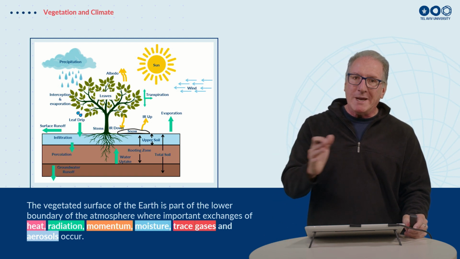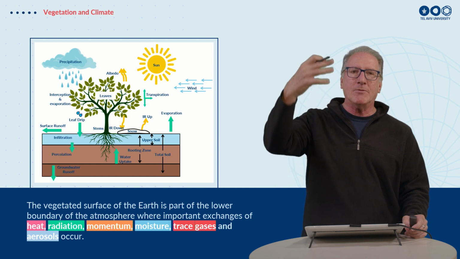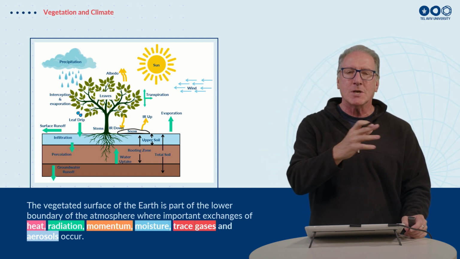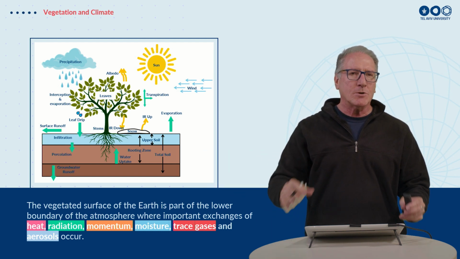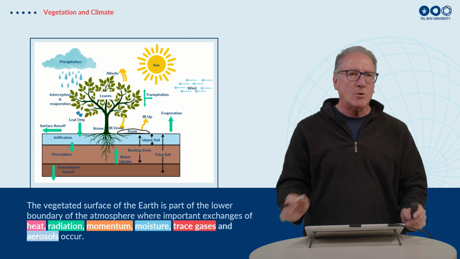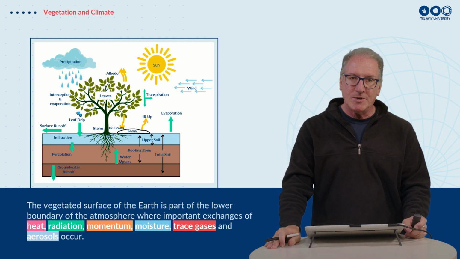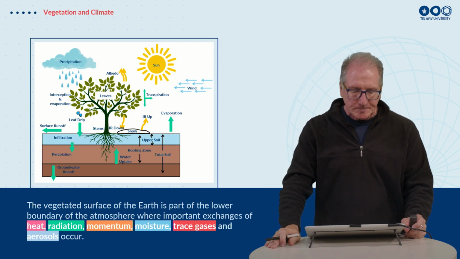When we talk about momentum or the winds, when winds are blowing in the atmosphere, if we have very high trees and forests, this interferes with the flow of the wind compared with very low grasslands. And so the interaction of the winds and the wind speeds at the surface are also linked to the type of vegetation, the height of the vegetation.